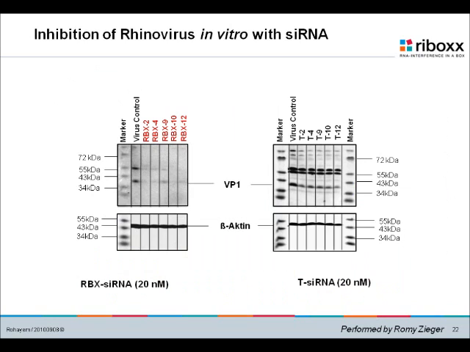This is a Western blot showing the same results again. It's a little bit similar to what Dr. Mziu showed with the ICA 512 with two different manufacturers and the riboxx design. We looked here at the expression of the viral protein 1 in the cells using the different siRNAs according to the Tuschl design with the overhangs at 20 nanomolar.